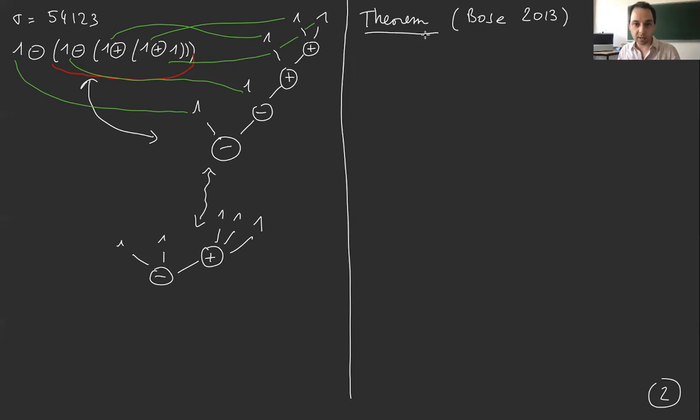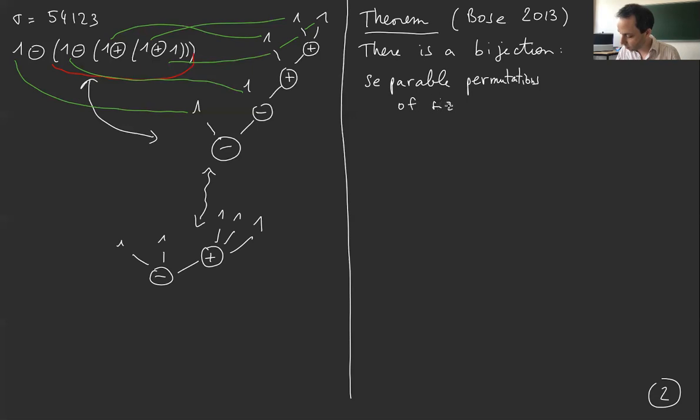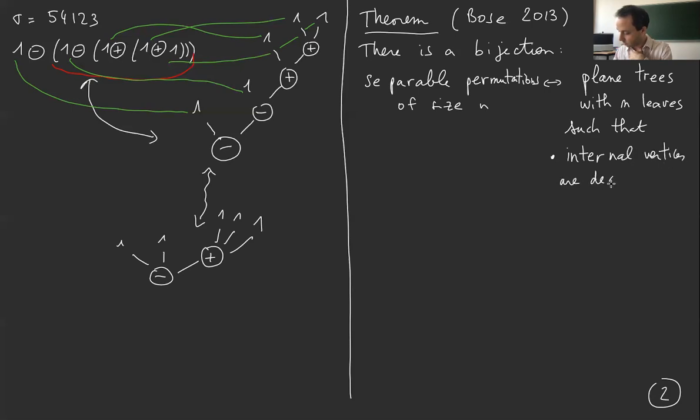There is a one-to-one encoding, a bijection, between the set of separable permutations of size n and the plane trees with n leaves, because one leaf corresponds to one point in my permutation, such that internal vertices are decorated with plus or minus.